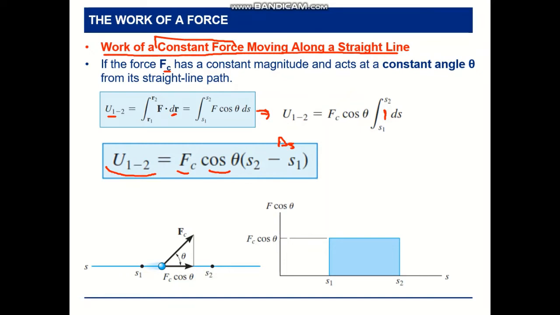It's the area under this curve from s1 to s2: delta s multiplied by F cosine theta gives us this rectangular area, which gives us the energy change.